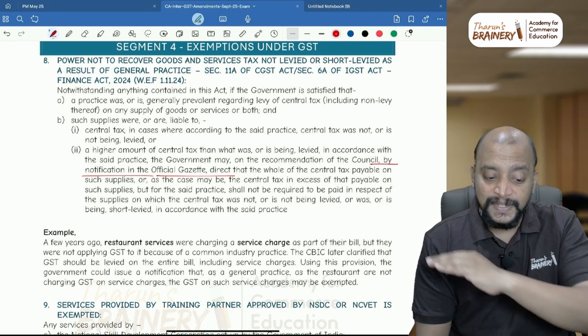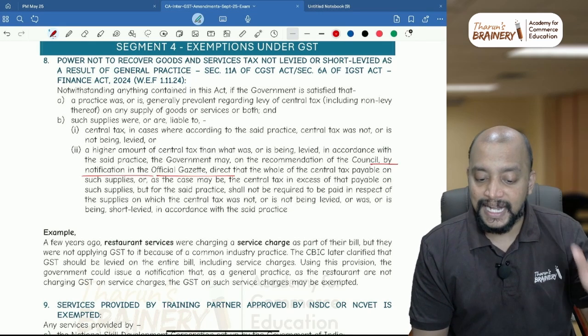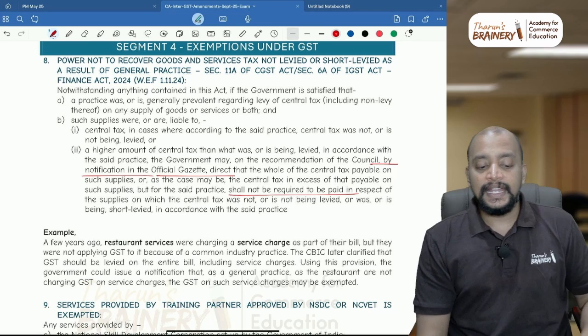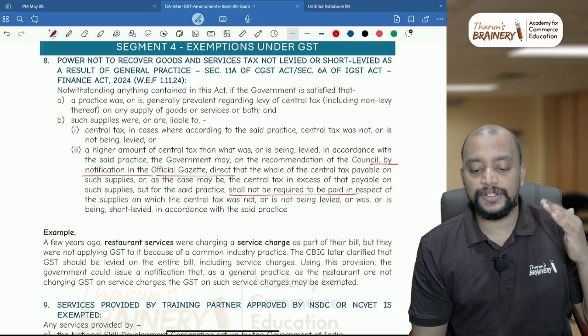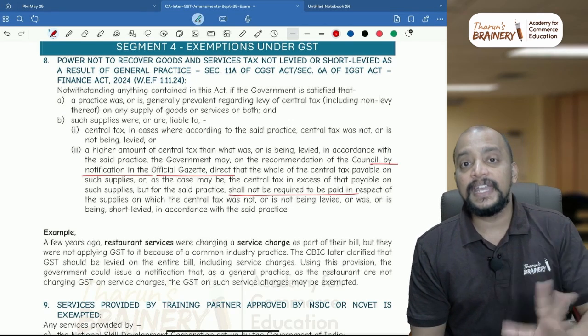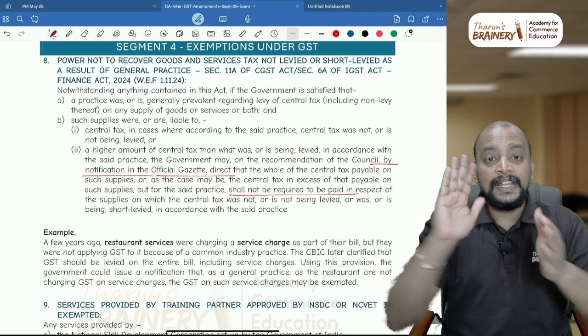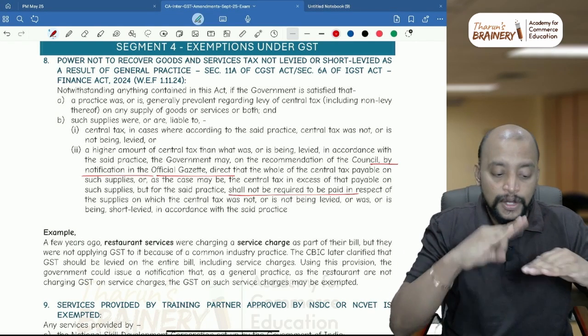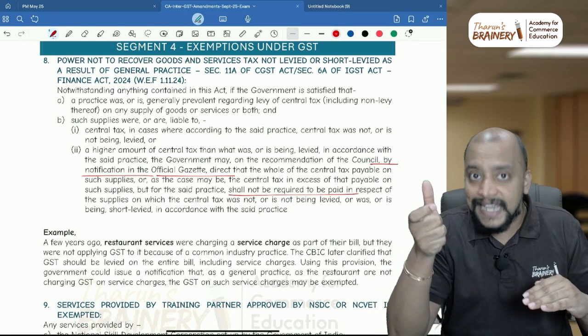direct that the whole of the central tax payable on such supplies but for the said practice shall not be required to be paid, in respect of the supplies on which central tax was not paid or is not being levied or was or is being short levied in accordance with the said practice. As per the past practice, on jewelry 3% only, now they increased on making charges 18%.